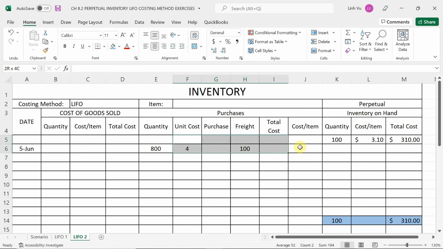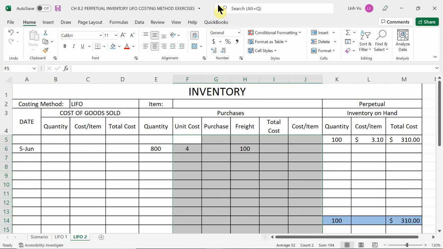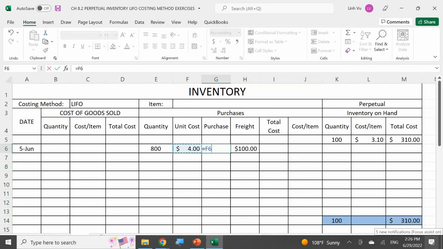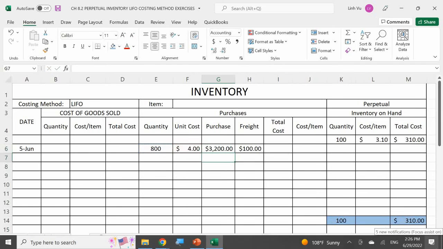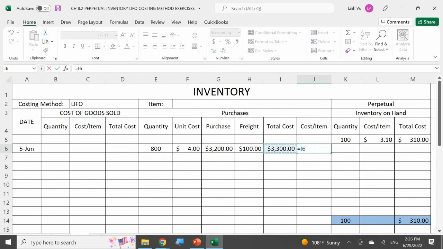So in this case, what is my grand total purchase price here? Okay, I thought you were going to say something. 3,200, right? Plus the 100. It's 3,300. Good. Giving me a cost per item of $4.125.